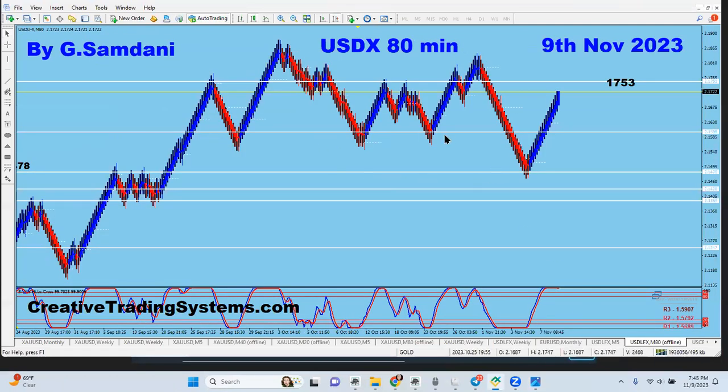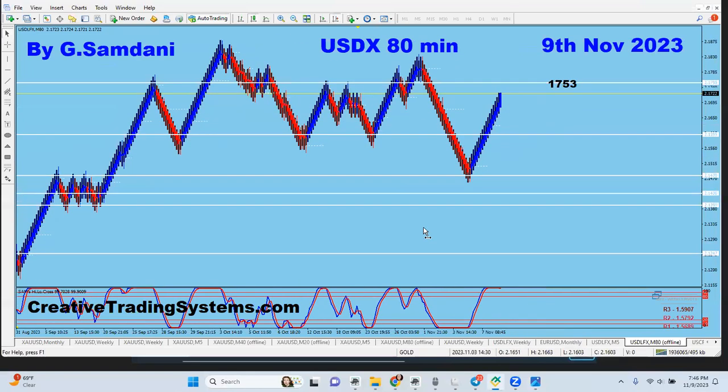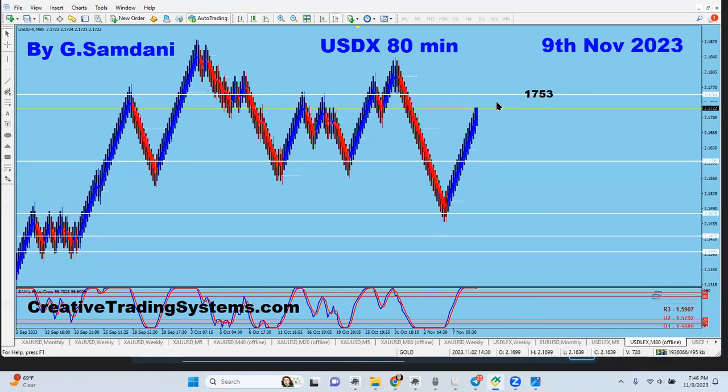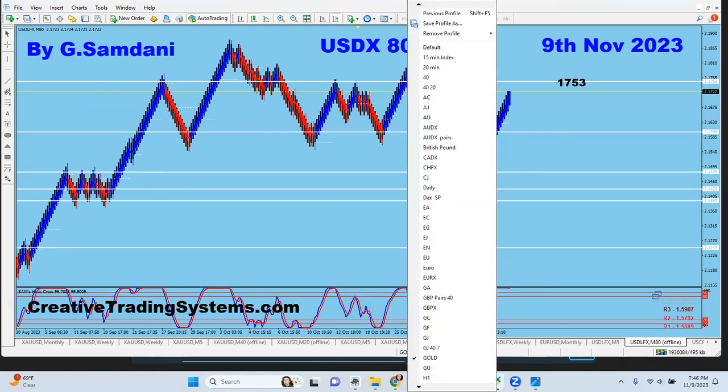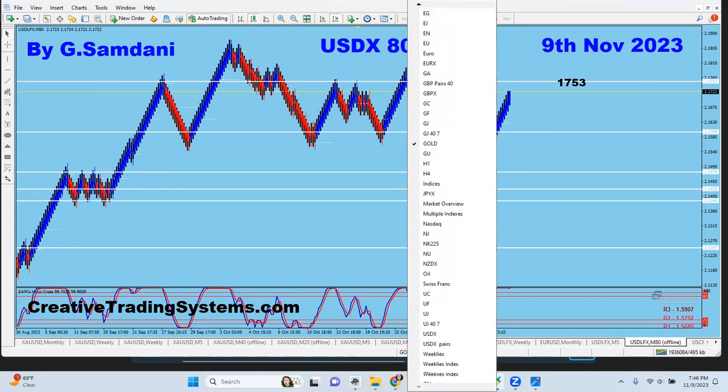This is the thing. This was the end of the impulse wave. Then this is A, ABC, B, and we're supposed to come down for C. So this is like wave 1, and then wave 2 maybe. As long as we stay below 1753, we will be going down for another down leg for wave C. Let's go take a look at the index profile.